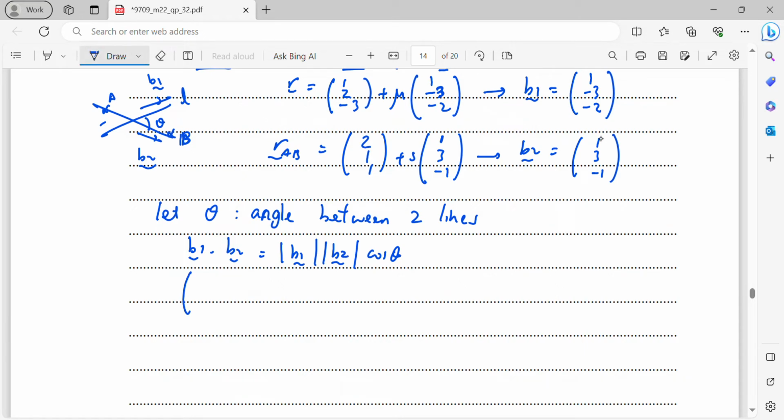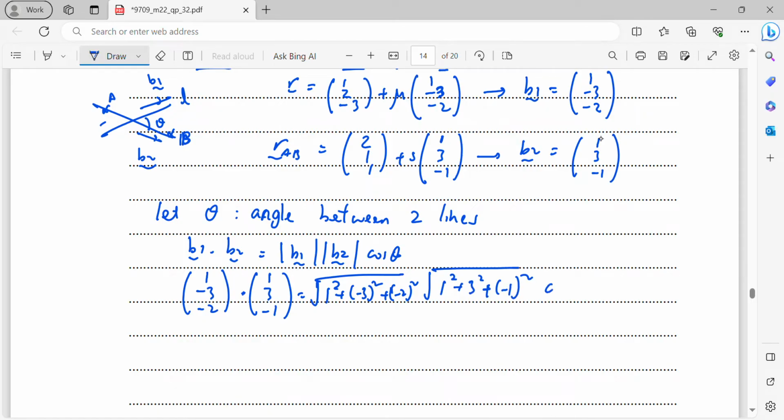Therefore, (1, minus 3, minus 2) dot (1, 3, minus 1) equals the square root of 1 squared plus negative 3 squared plus negative 2 squared, times the square root of 1 squared plus 3 squared plus minus 1 squared, times cos theta. For the scalar product formula, you just multiply and add.